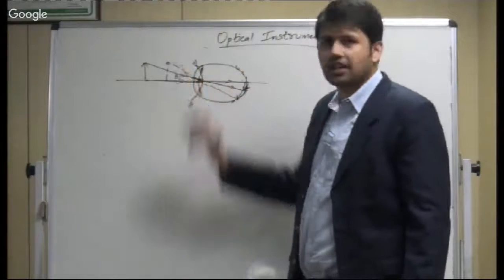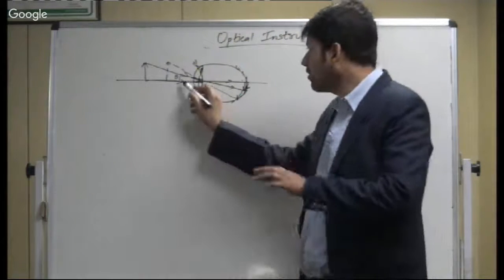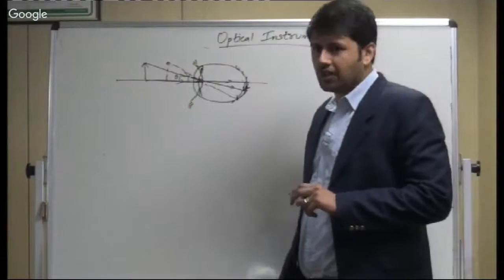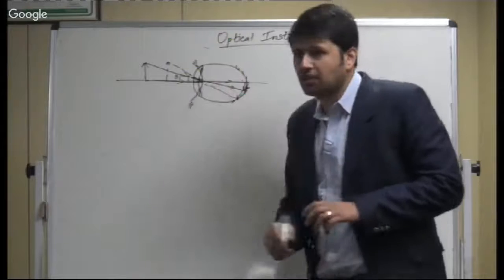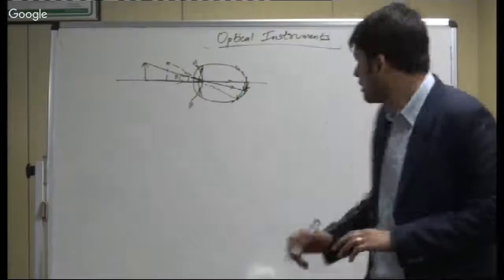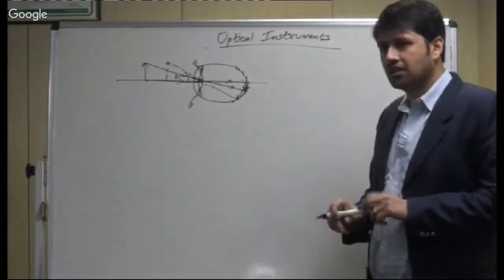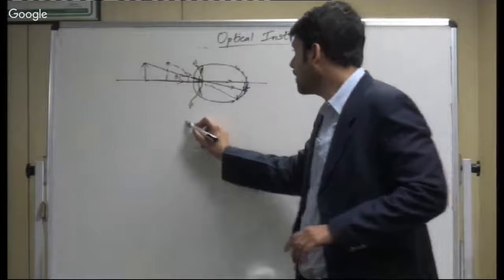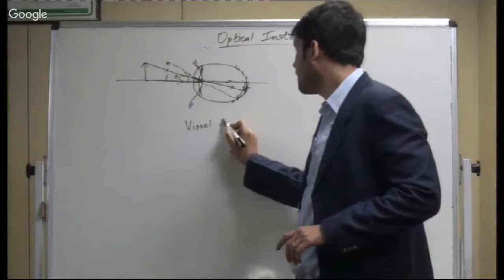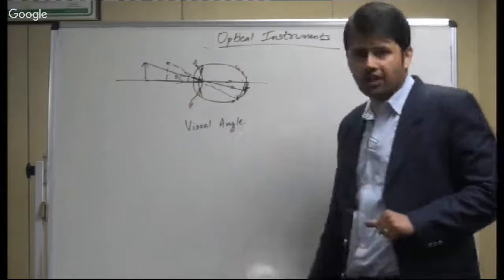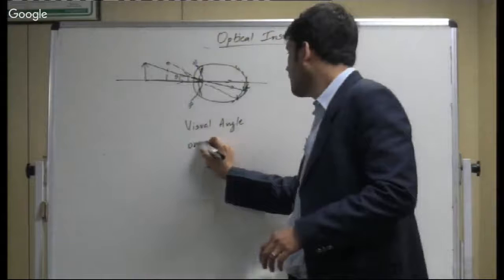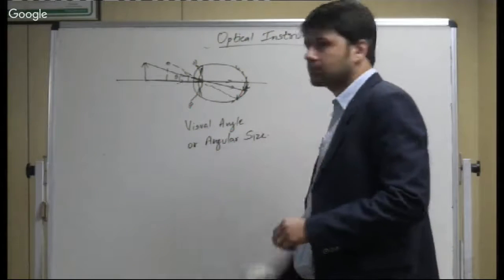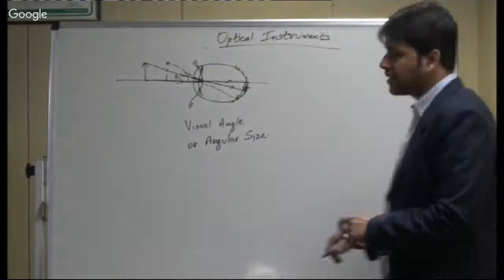In the initial arrangement this angle was smaller, in the second arrangement this angle increases. It is this angle which plays an important role. The larger this angle, the bigger would be the image formed on the retina. This angle is called the visual angle, or we may call it angular size.